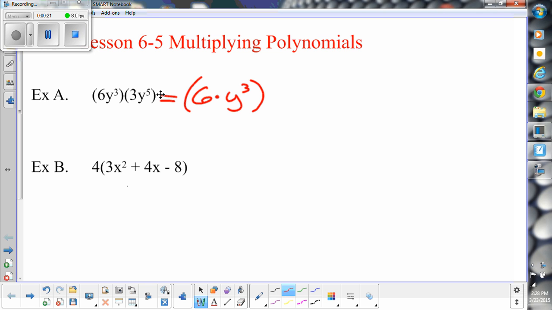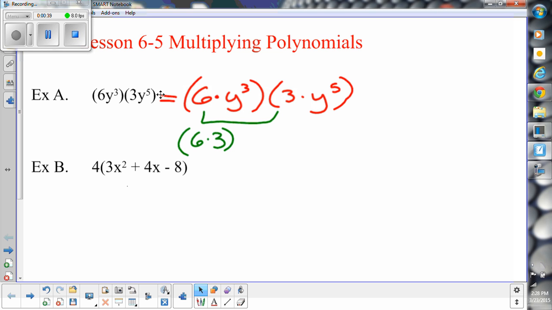So this is 6 times y cubed times 3 times y to the fifth. So to multiply, you simply multiply the coefficients 6 and 3, 6 times 3, and then you multiply the variables y cubed times y to the fifth.